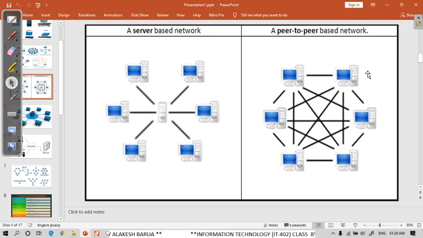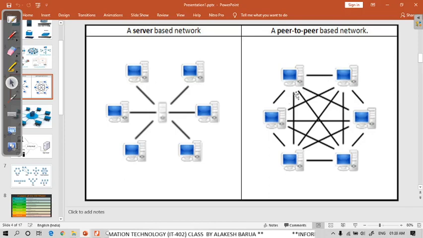Got it? In a peer-to-peer based network, a computer can act both as a client and a server. However, in a server-based network, there is one standalone server which serves applications and files to the clients, and the clients only access it. Good. So these are some of the basic differences.